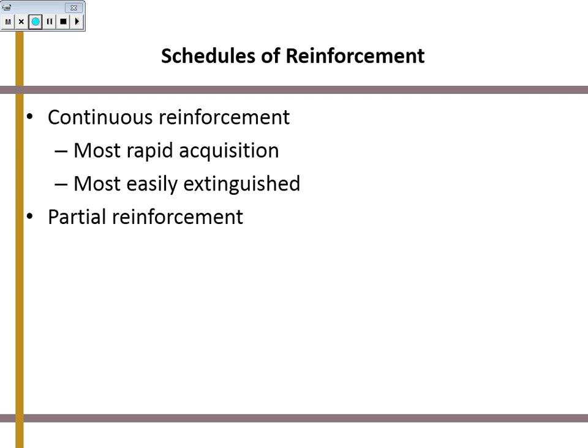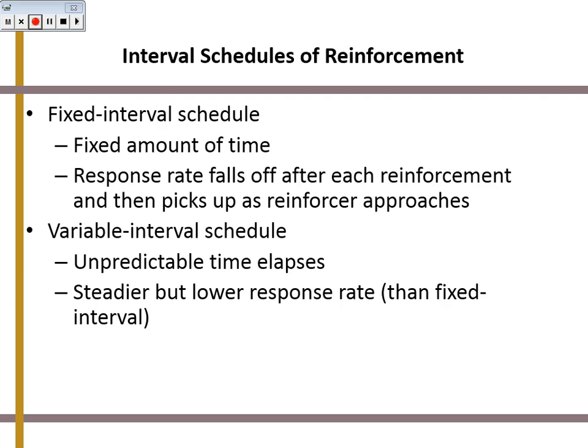Partial, I reinforce you sometimes. Continuous, every A you get, I give you money. Partial, every 3 A's you get, I'll give you money. Simple, right? All right, good.